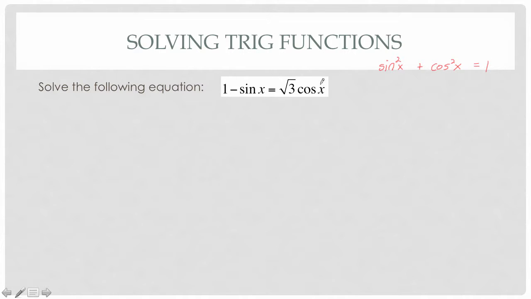So if you want to solve something like this, the only way I can solve it is to have just sine or just cosine. In this case, I have both. So let's do some substitution. I'm going to rearrange all this to subtract sine squared from both sides.